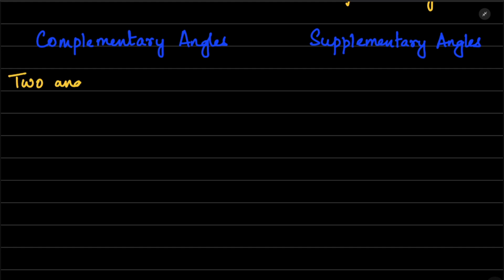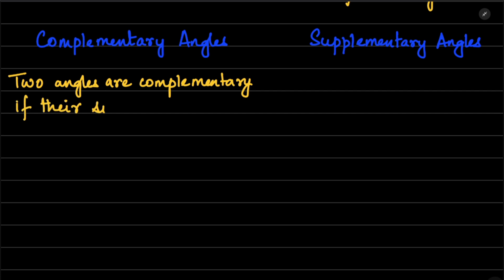So you can say two angles are complementary if their sum is equal to 90 degree, then you can call the two angles complementary to each other.